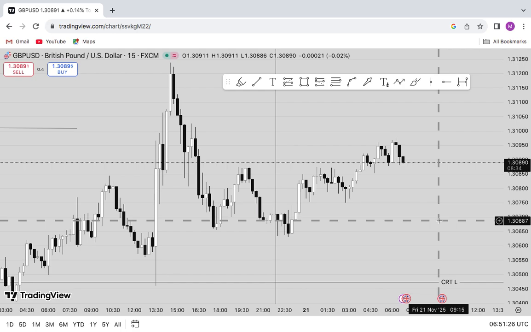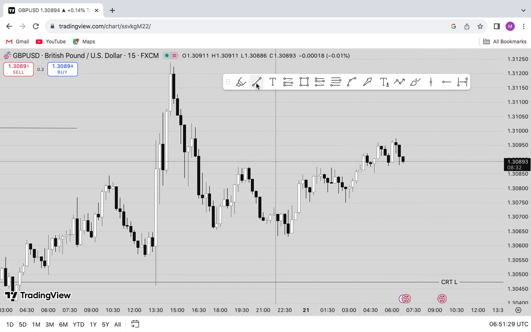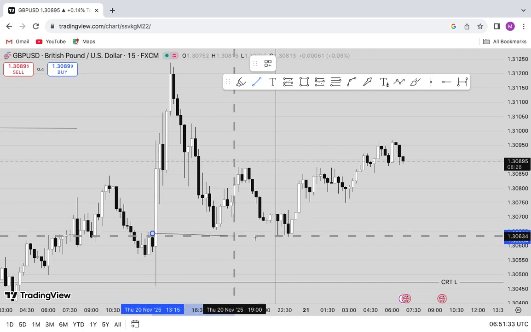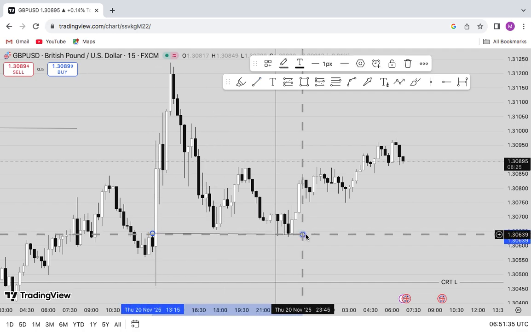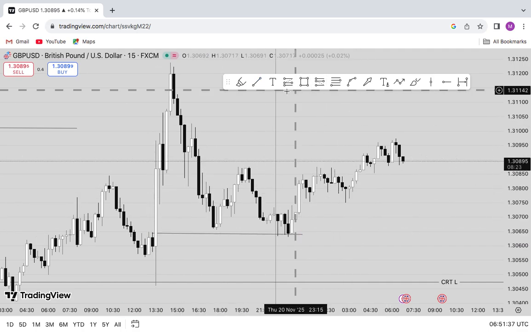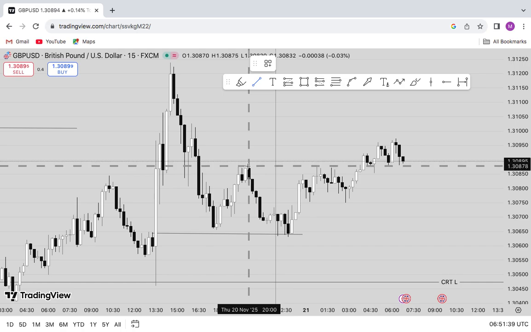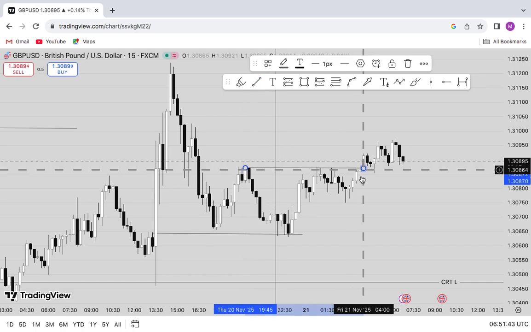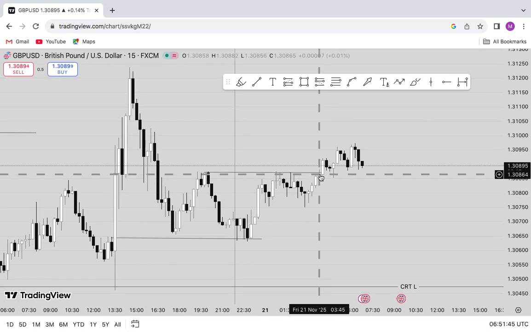This was the news that affected the market yesterday. Price has come back to this order block, collected liquidity. We have a market structure shift there.